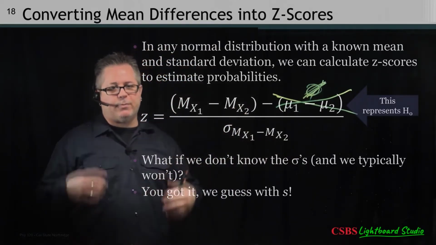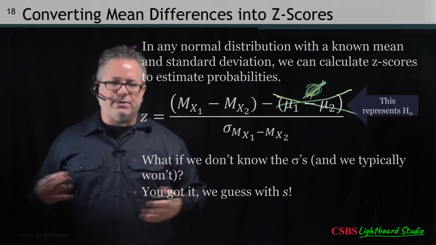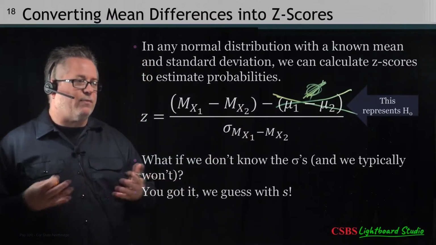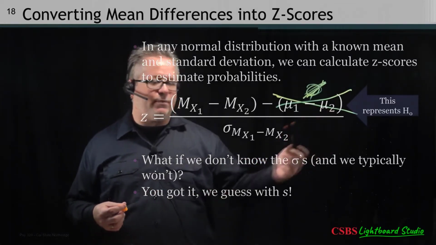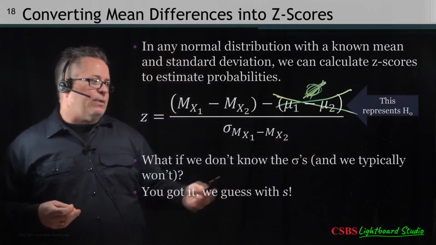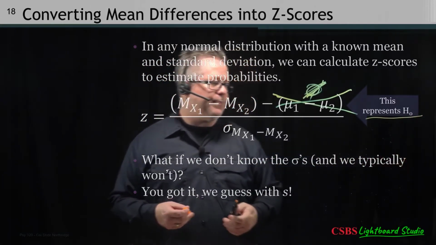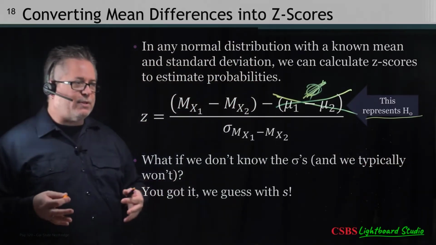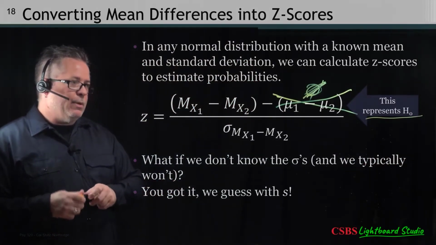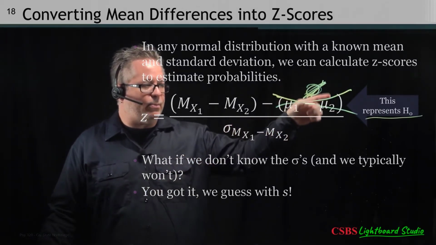If I randomly pull people from a population, I'm assuming that the differences are going to be roughly the same, and that on average there's going to be 0 difference between them. And that's why it says here, if you can see the little arrow, it says this represents the null. Now, again, the null doesn't have to be 0. It could be a different number, but most of the time it's going to be 0.